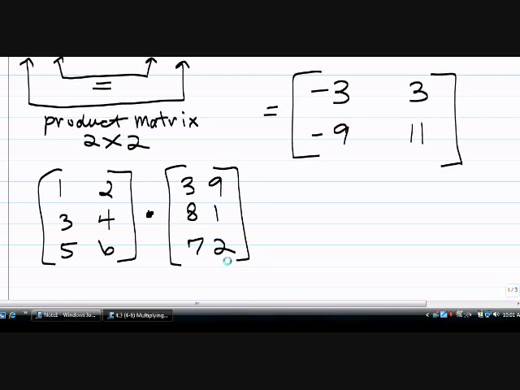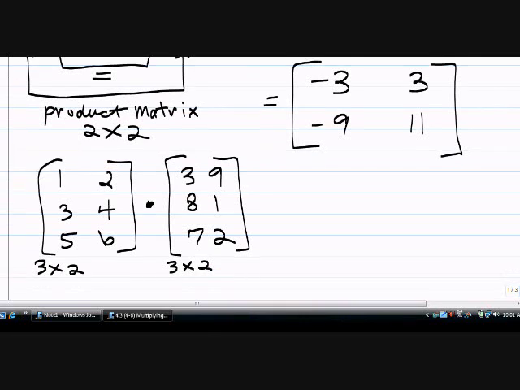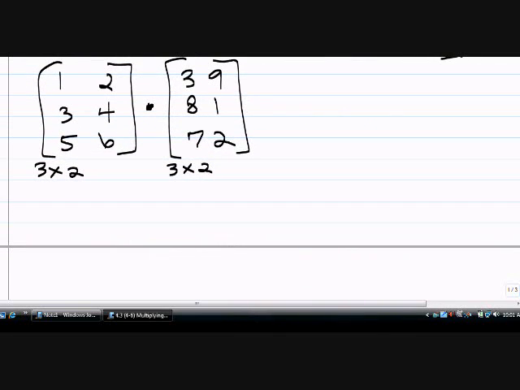What are the dimensions of the matrix on the left? 3 by 2. What are the dimensions of the matrix on the right? 3 by 2. Can we find the product of these two matrices? Ooh. Look at the two middle dimensions here.